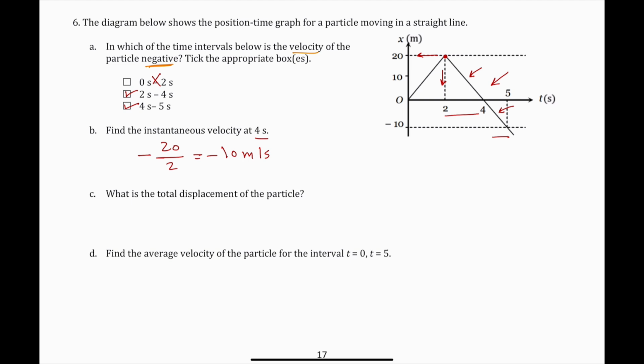What is the total displacement of the particle? The total displacement is here, the final position, which is -10.